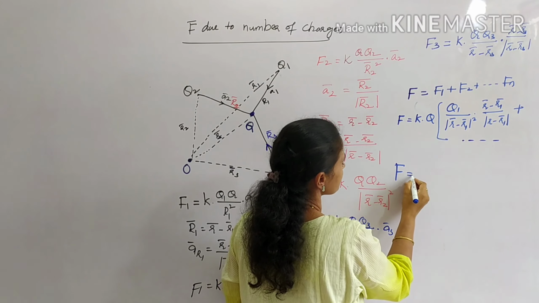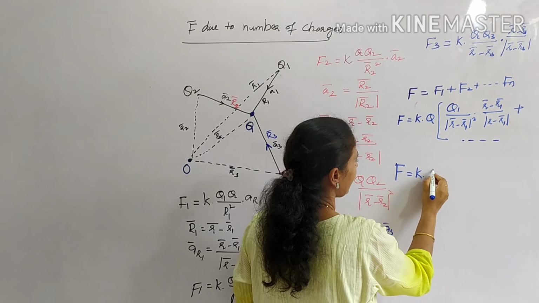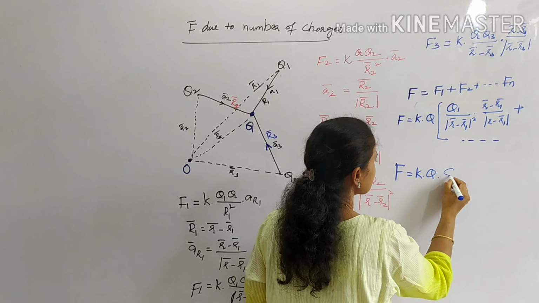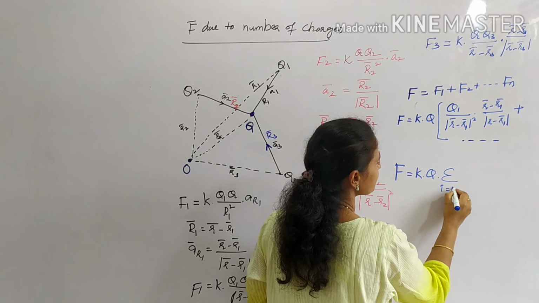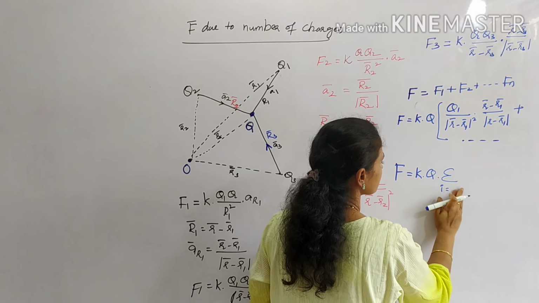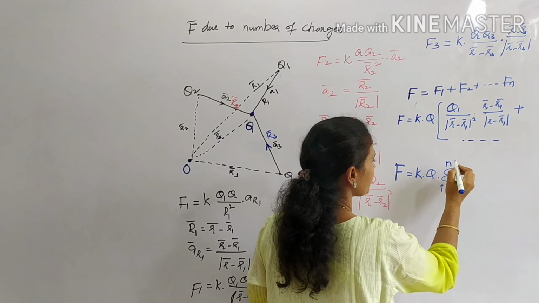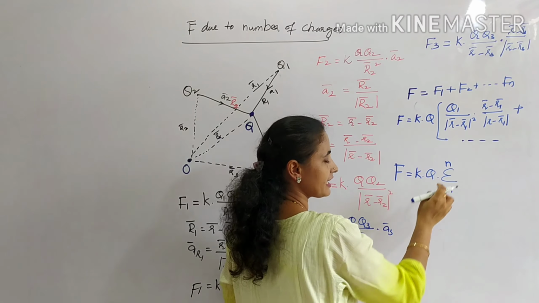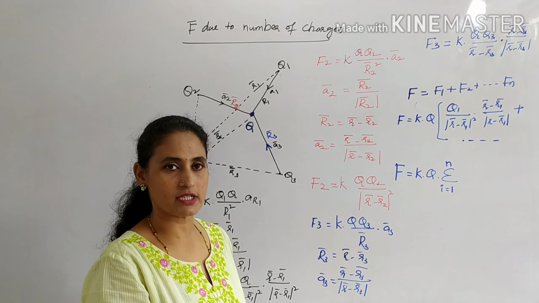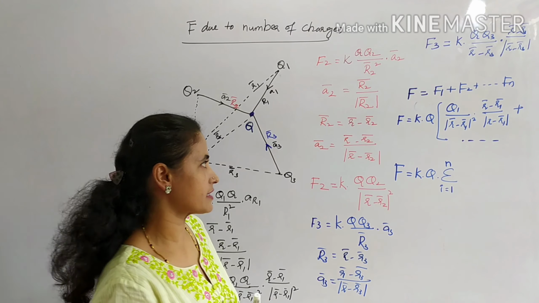The force is given by K into Q, summation, let i vary from 1 to n. This 1 to n indicates the number of charges: due to the first charge, due to the second charge, due to the third charge, like that.